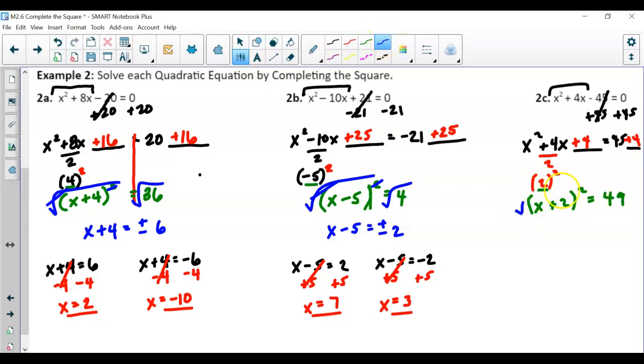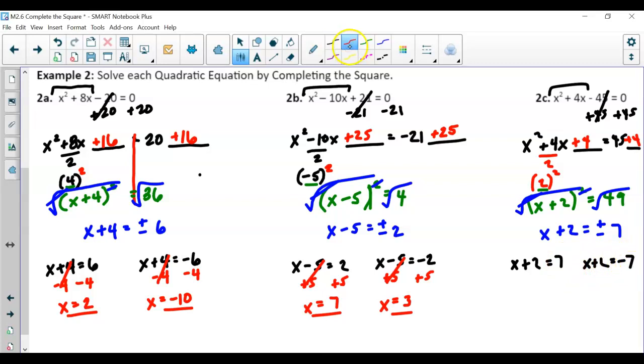Now we can take the square root. Canceling out, x plus 2 is now equal to positive or negative 7. So again, setting up our two equations, x plus 2 is equal to 7, and x plus 2 is equal to negative 7.